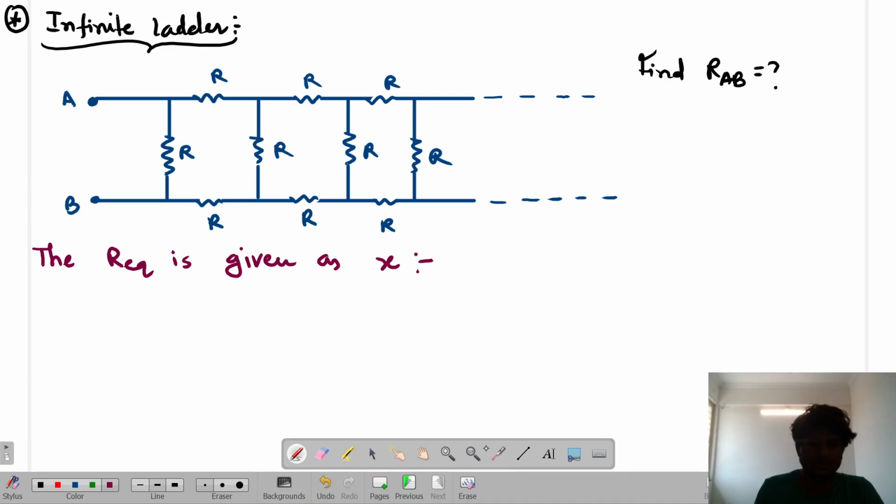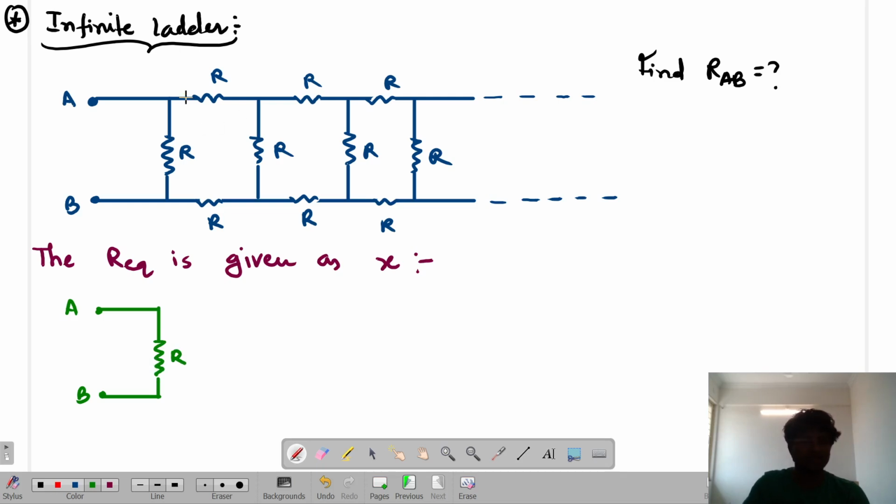Now look over here. Let's suppose these are 2 points A and B. What I did, I just removed one part of the given resistor. Got it or not?